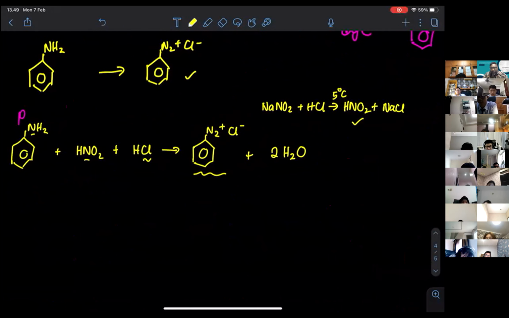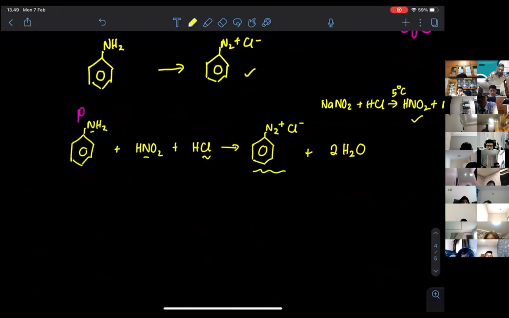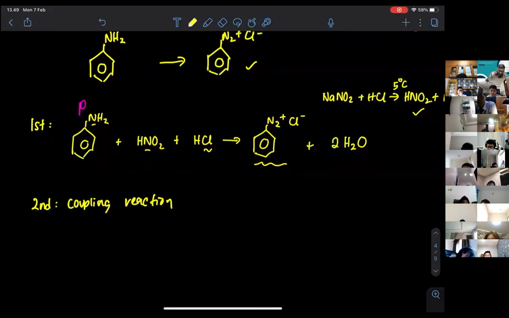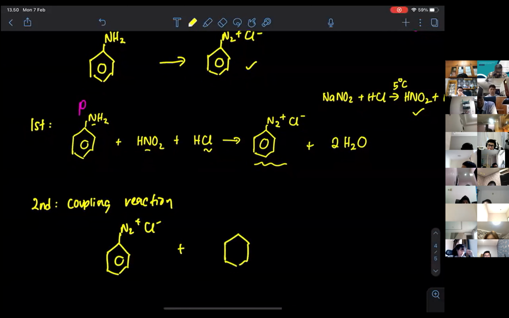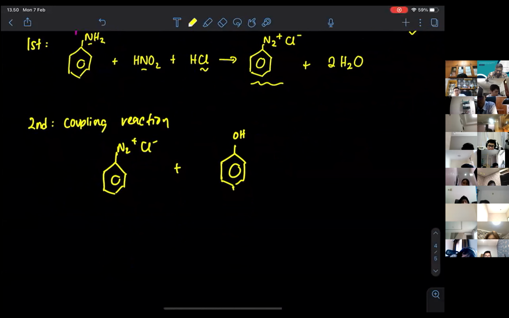The second step, just now, was used for the preparation of phenol. But this first step is diazotization. The second step is called the coupling reaction. Coupling reaction is where you have the salt N2+Cl- and you react with phenol. The OH in phenol is normally 2,4,6 directing, but because the structure is big, it will go to this position.